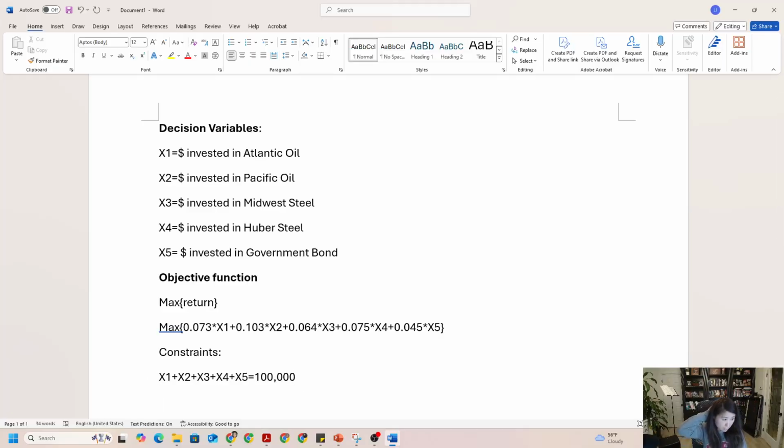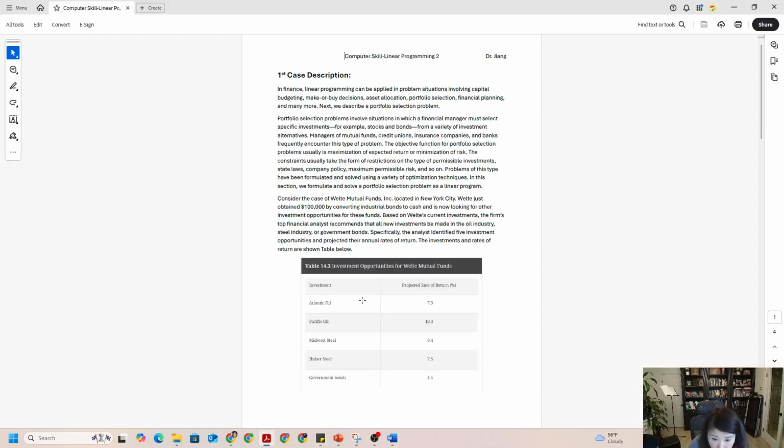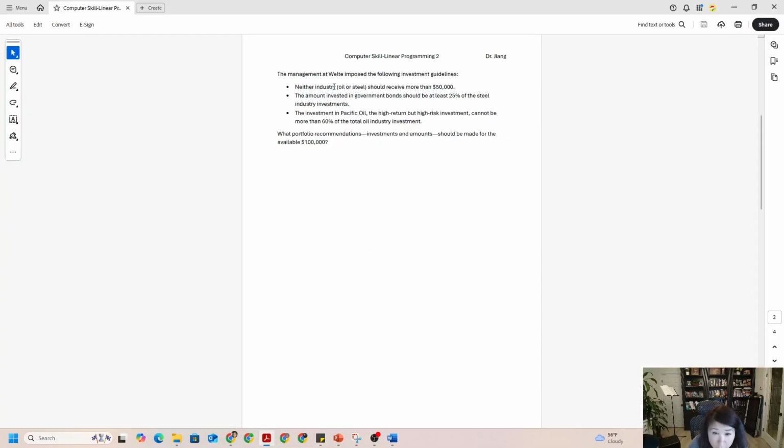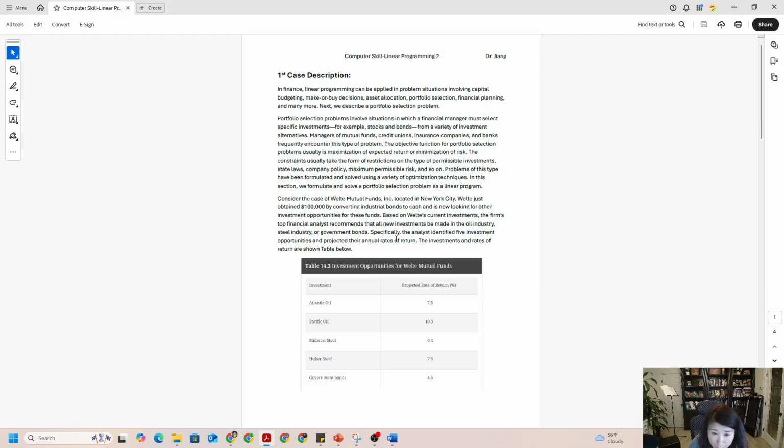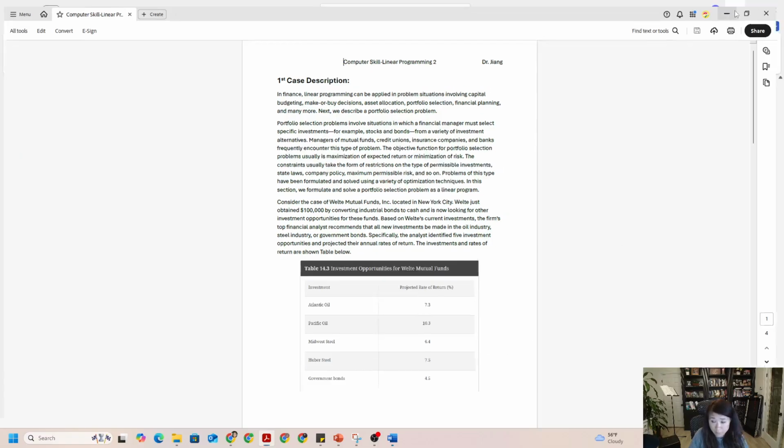Okay, so the next constraint is we're going to start translating, right? Neither industry, oil or steel, should receive more than $50,000. So let's go back. For the oil, we have two stocks related to oil. These two stocks' investments added together should be less than 50,000. And these two are related to steel, so these two added together have to be smaller than $50,000.